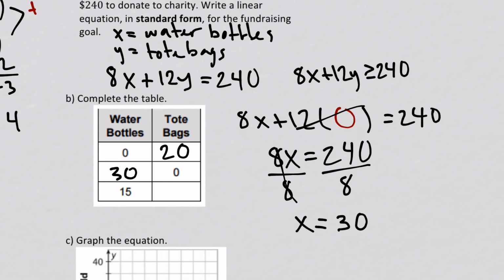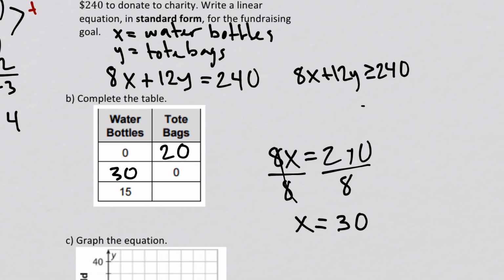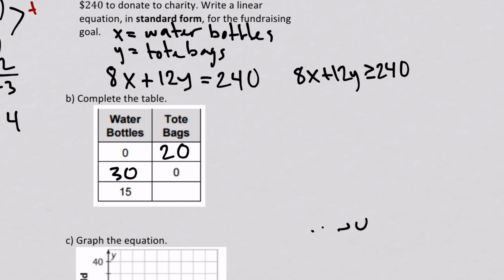So what does that mean? It means that if they sell 30 water bottles, then they can sell 0 tote bags and still make $240. Or if they sell 0 tote bags, they have to sell 30 water bottles and make $240. Okay, let's do the last one. Erase this one right here. So now we're substituting in for x water bottles, 15 in for x.